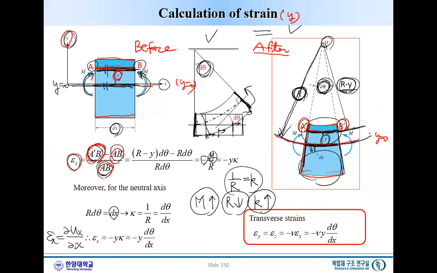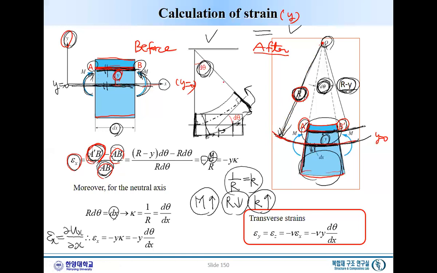And for this Y equals 0, we assume that when it bends, it has a radius, and let's call that R. R is the radius from this center to this Y equals 0 line.